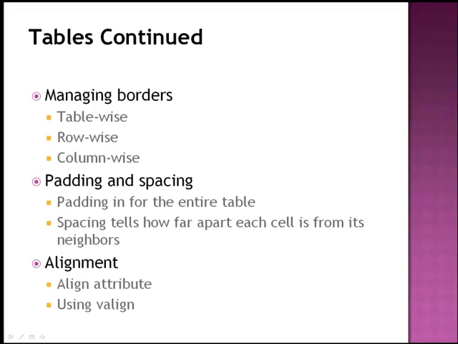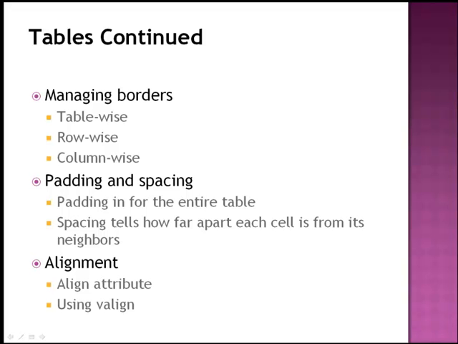Now let's talk about the padding and spacing of data for either the entire table or each cell. Depending on the contents of a particular cell, we can have spaces between the borders and the contents of the cell.